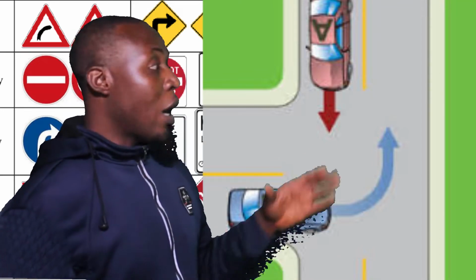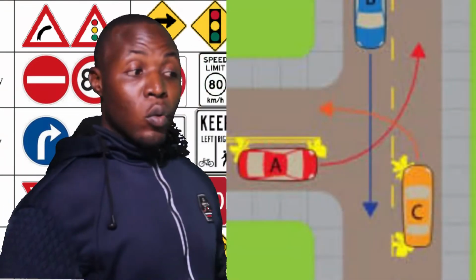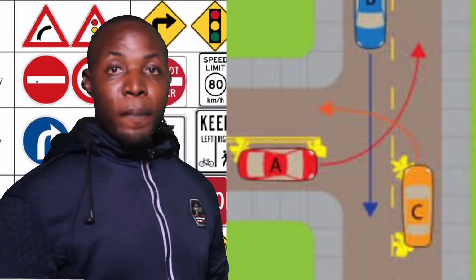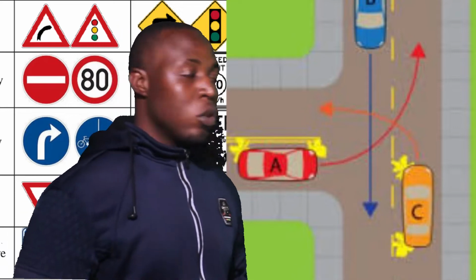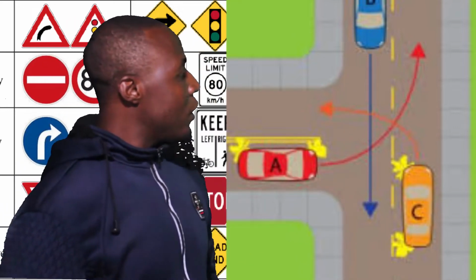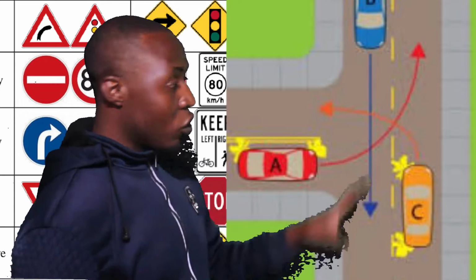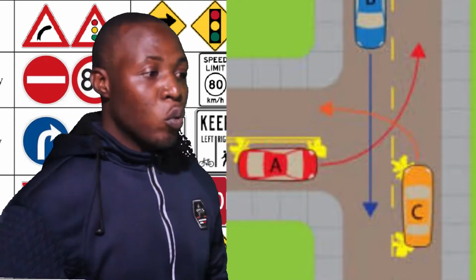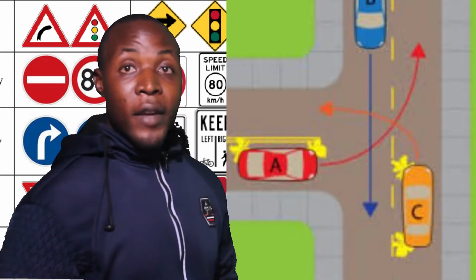Let's see another situation. So let's take another image and give you the order of passing on this junction. So we have this image, and this structure is still a T-junction, and on this road we have three vehicles.